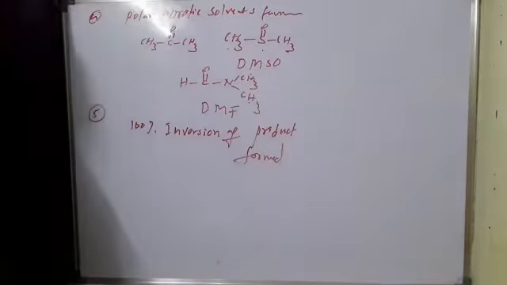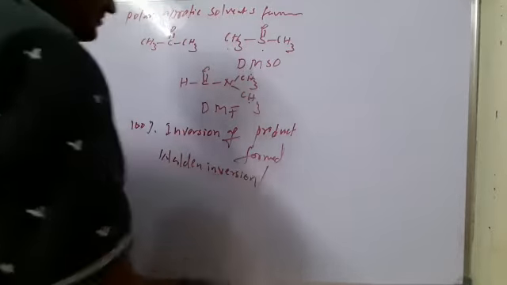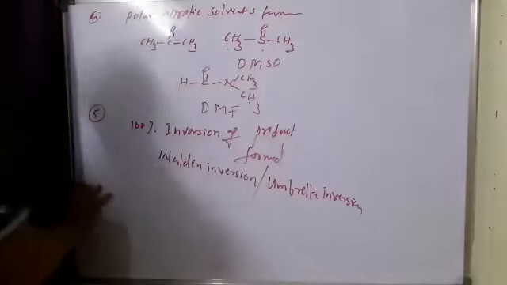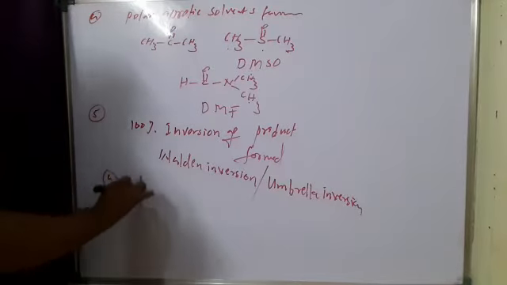That is called Walden inversion, otherwise umbrella inversion. So these are stereoselective and stereospecific, only one product formation takes place. So these are the characteristics of the reaction.